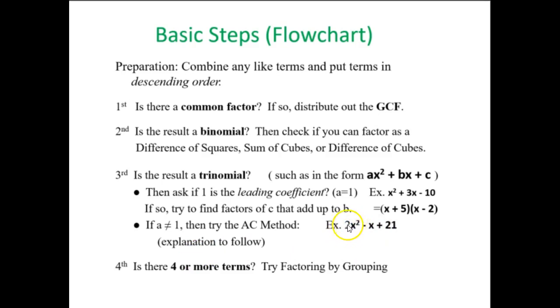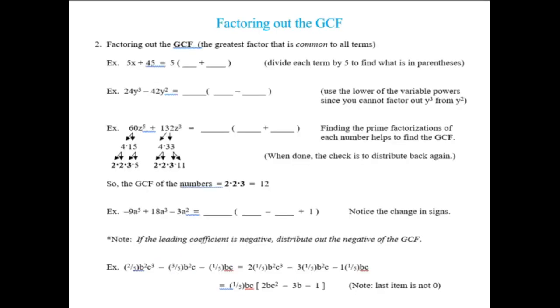If you have 2 or some other number in front of the x squared, then you'd have to use the AC method. And last of all, if there are 4 or more terms, try factoring by grouping, and we'll talk about that as well.